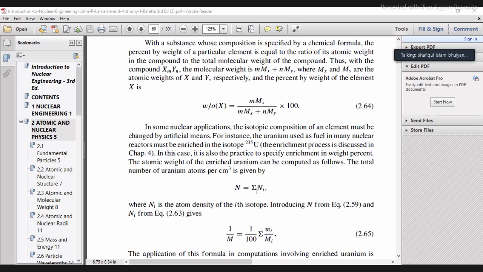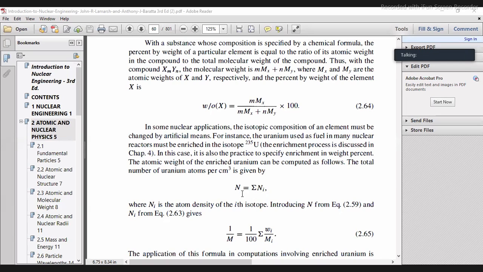So what will be the N? Here we get Ni. So the N will be the summation of all the isotopes and their number densities. Ni is the atom density of the ith isotope, that is U-235 or U-238, U-234, or say, if we consider another element, oxygen has lots of isotopes, at least, how many? 3 natural, and there are 5 produced in the reactor, so almost about 8 isotopes.